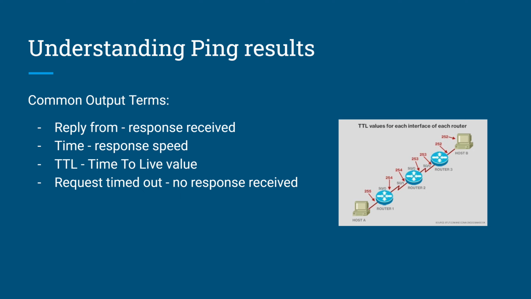So this is the value from when one host sends a ping to another host, how much time it has to live, how many hops it has to go through, how many different routers over the network connection. And then request timed out or no response received. If the request times out, then that could mean that the destination is offline, or the network could be blocking ping requests, which I'll get into in a little bit.